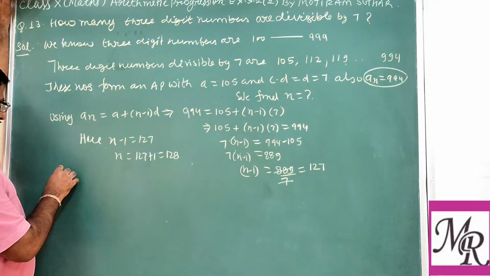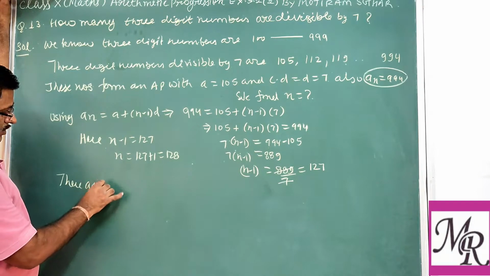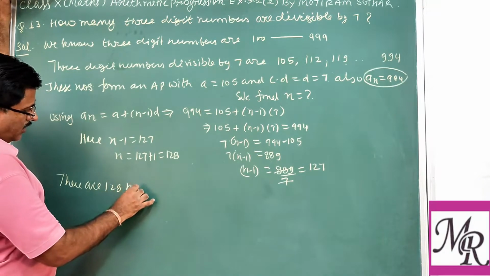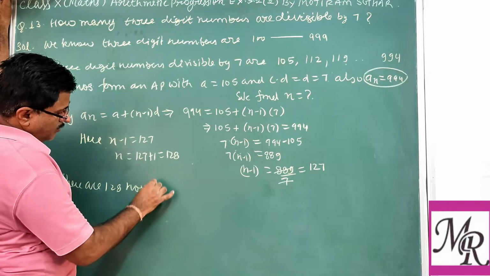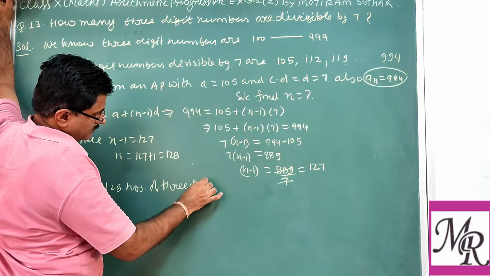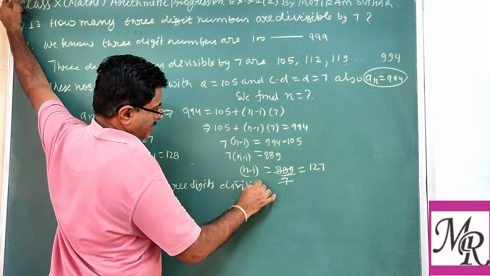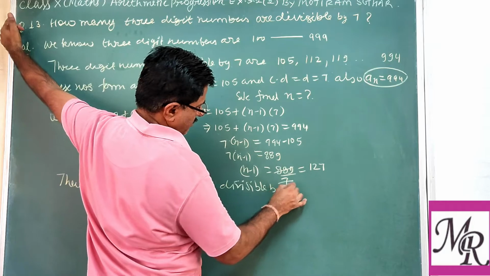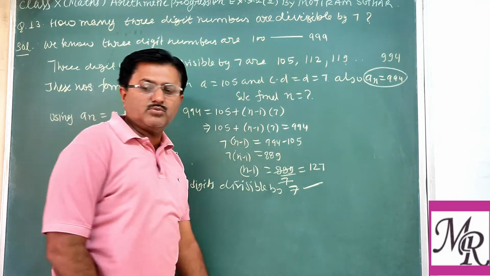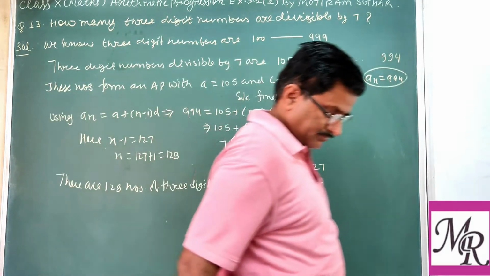You can say there are 128 numbers of 3 digits divisible by 7. So in this way you can solve the problems.